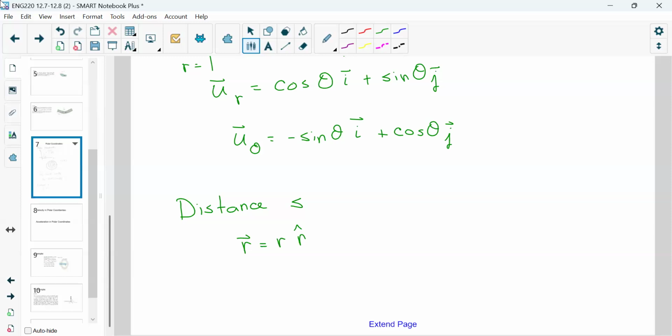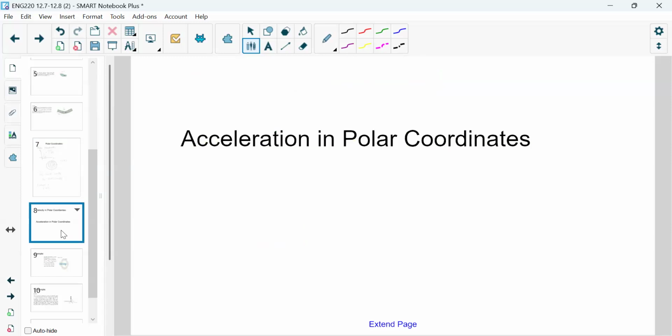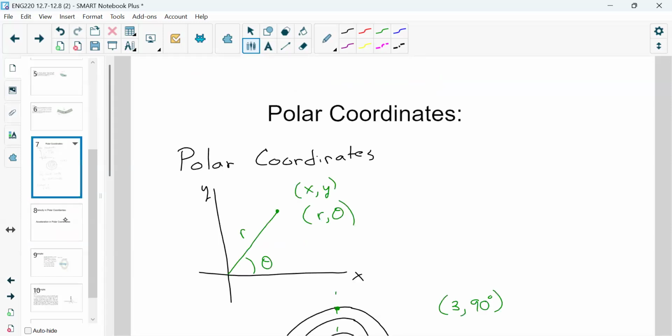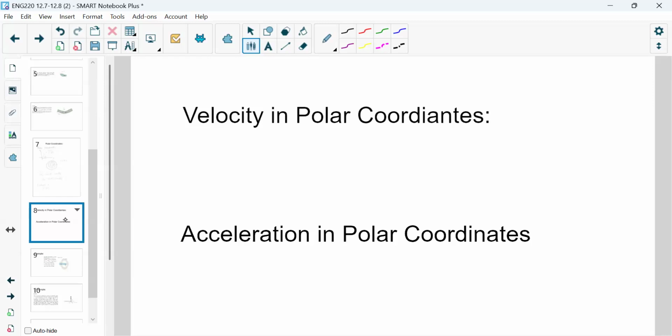All right, so if we then want acceleration, or not acceleration, but polar coordinates, if you think about it, how do we get to velocity? Well, we take the derivative of s with respect to time, and that then gives us our velocity. So now we're going to have r vector dt.